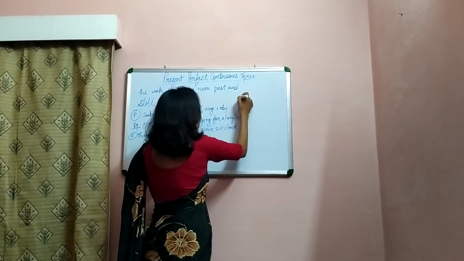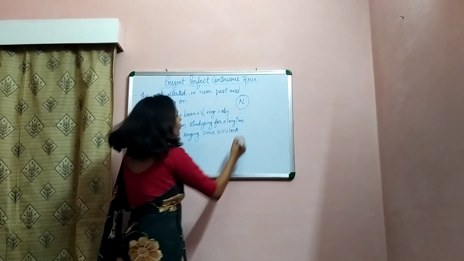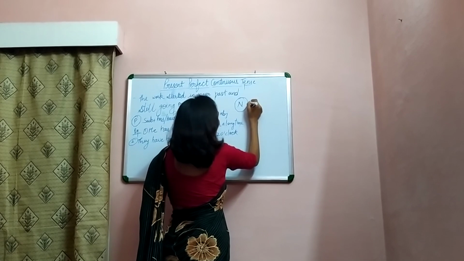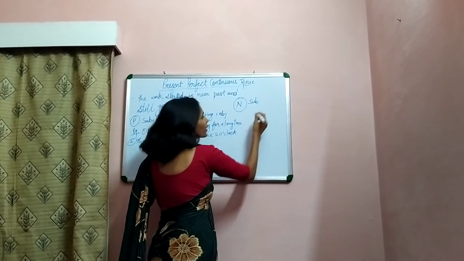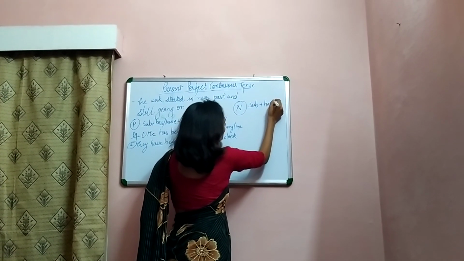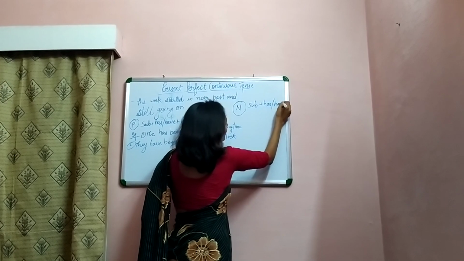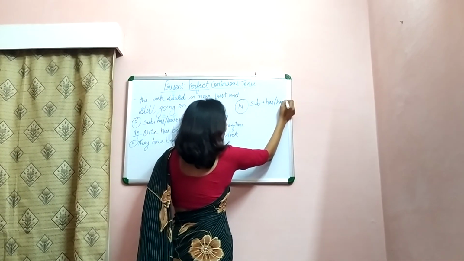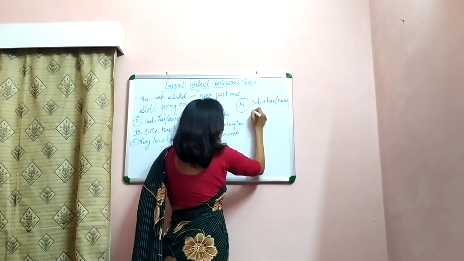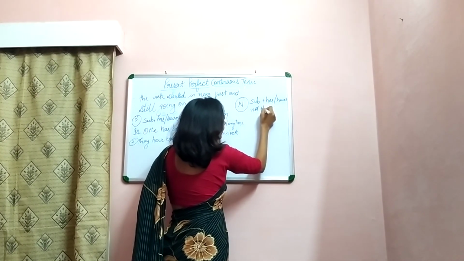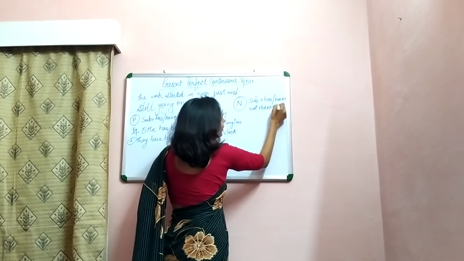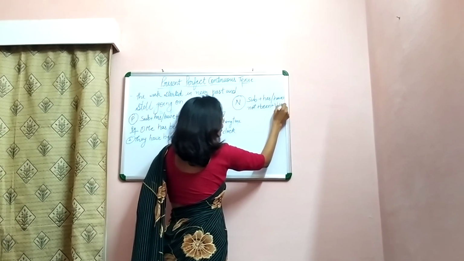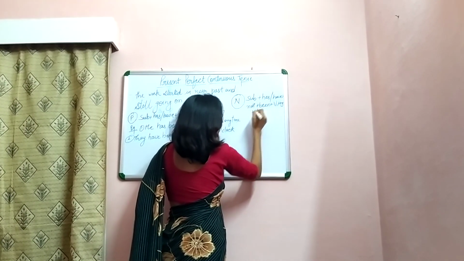Let me tell you the rule for negative. For the negative, according to the subject we are going to put has or have. Then to make a negative sentence, after has or have we are going to use not, then been, then verb first plus ing followed by object.